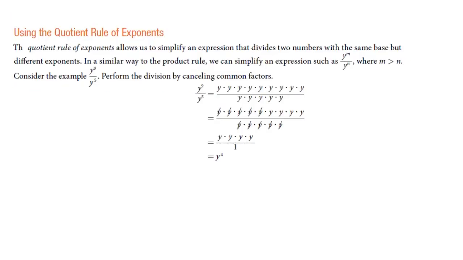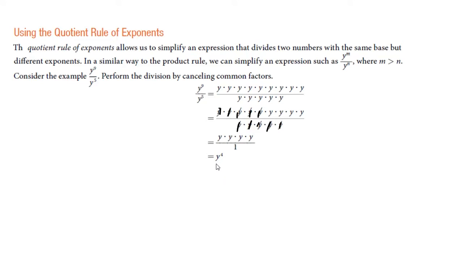Now we're going to think about the quotient rule. So let's suppose that we have y to the power 9 divided by y to the power 5. So there are 9 factors in the numerator and there are 5 factors in the denominator. So if I cross out y divided by y, because that's just 1, it turns out that I'm going to have y with 4 factors all over 1.